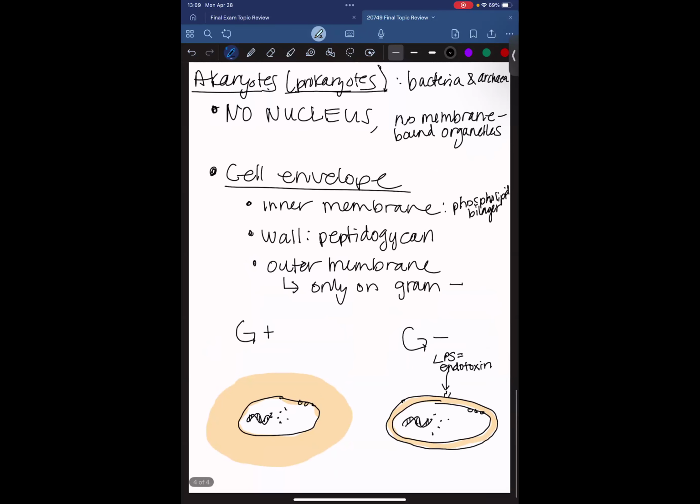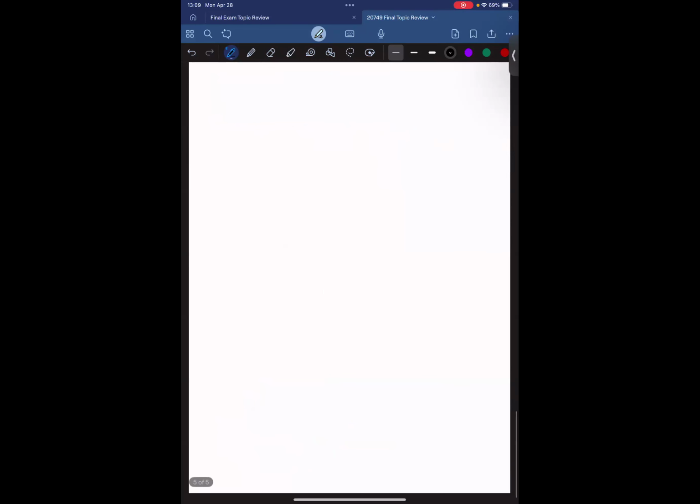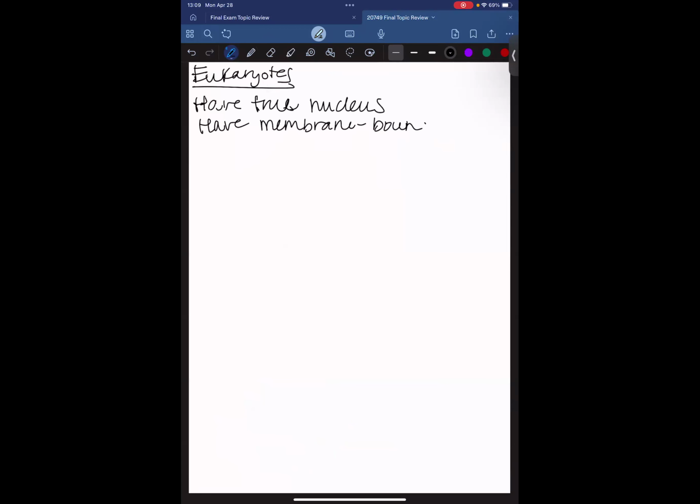All right. So that's the gist of the bacteria. Let's talk about our eukaryotes. These guys do have a true nucleus. And they have organelles, which are membrane-bound functional units inside the cell.